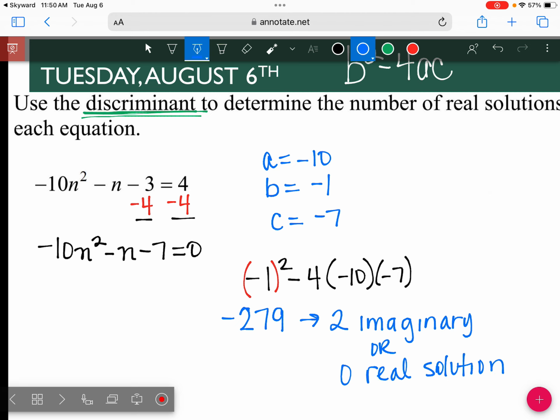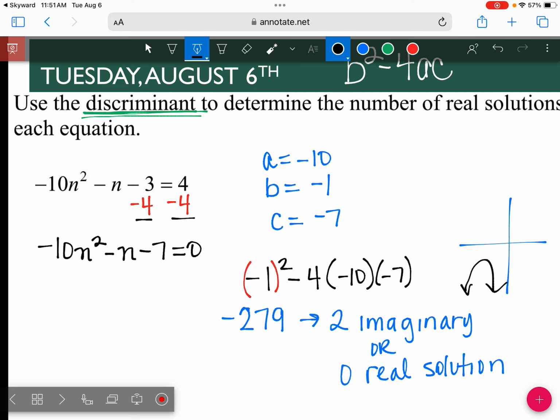So in other words, in this parabola, it does not cross the x-axis. That's what it's saying. The parabola does not come up high enough to cross through the x-axis. That's why you have imaginary or no real solutions. So if we were doing the quadratic formula, we would have a negative, we would have an i. i is part of our solutions. All right, any questions about our Bell work?